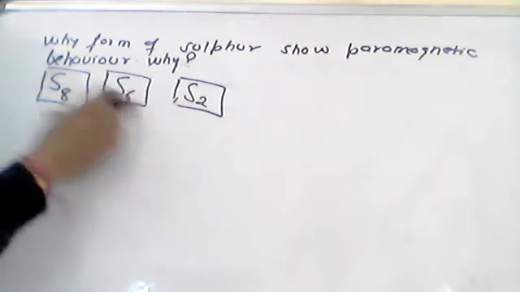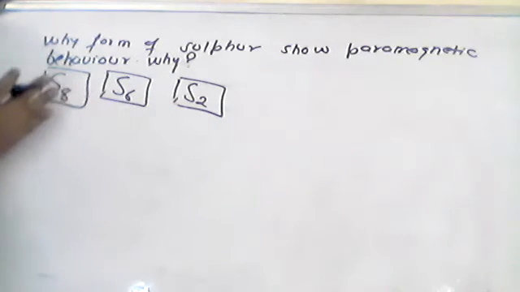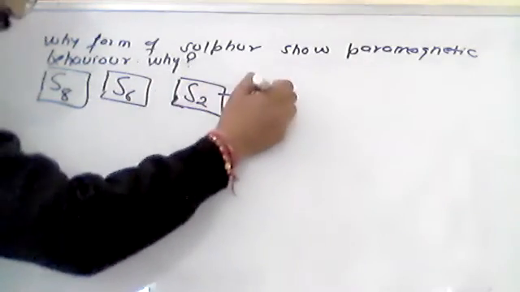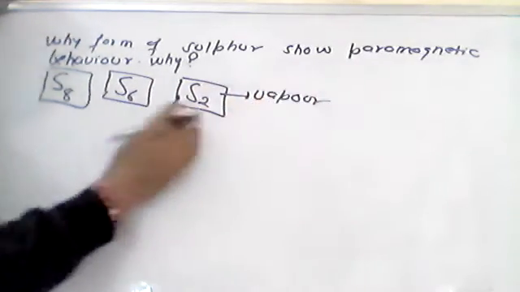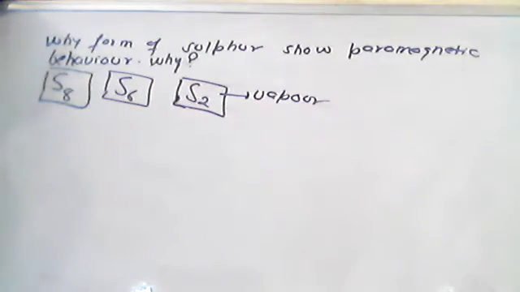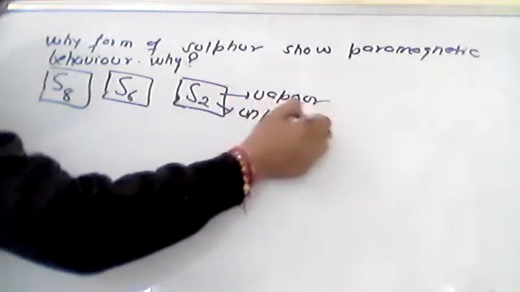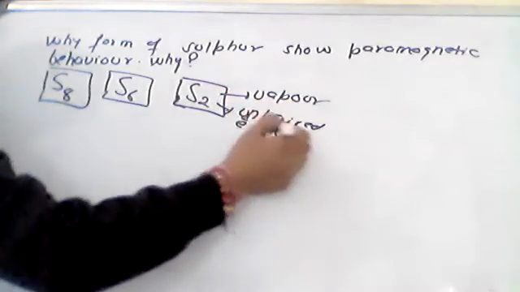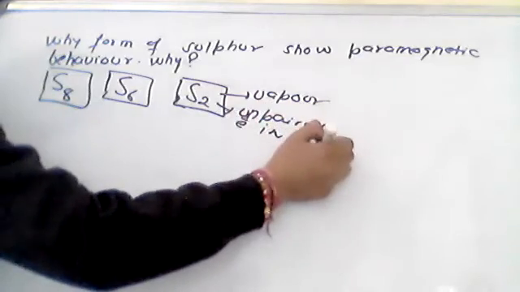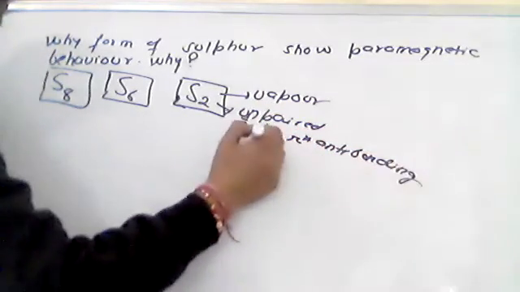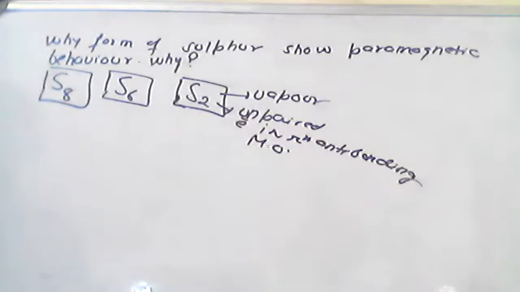In vapor state, it's going to exist as S2, and in vapor state it contains unpaired electrons in pi star anti-bonding molecular orbitals.